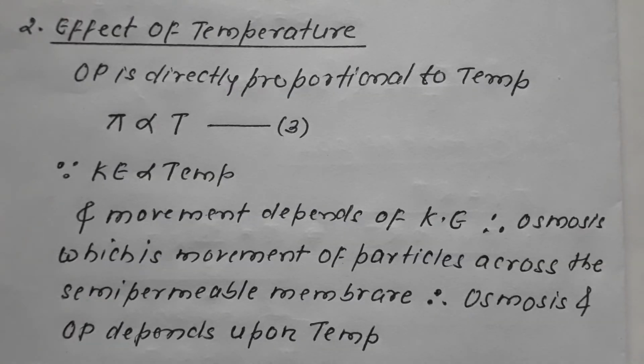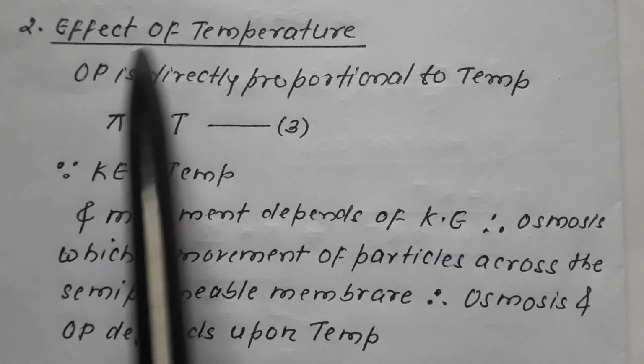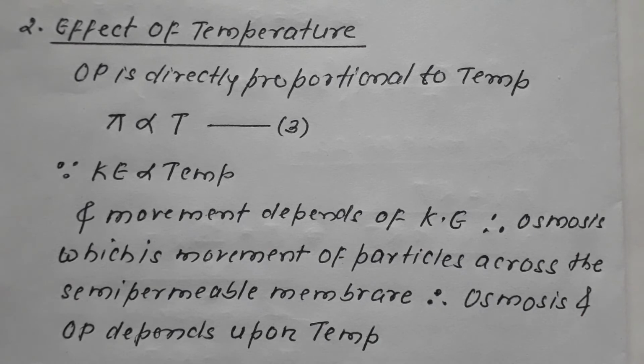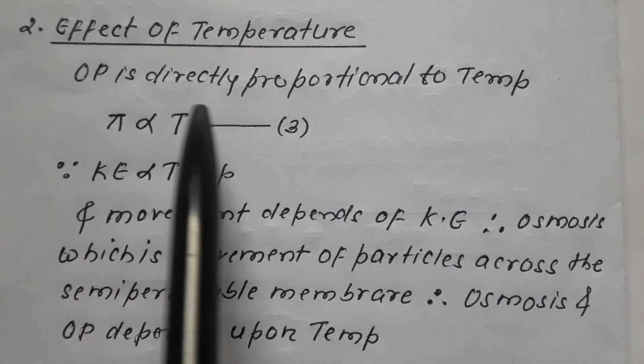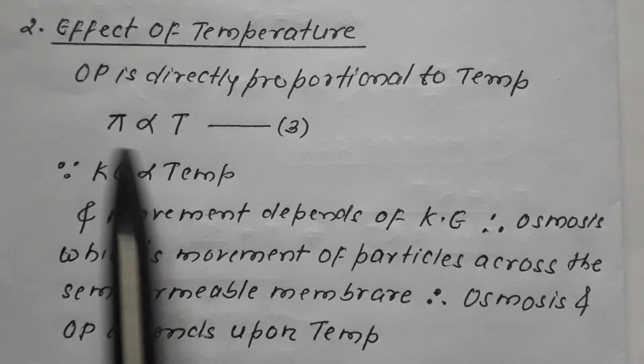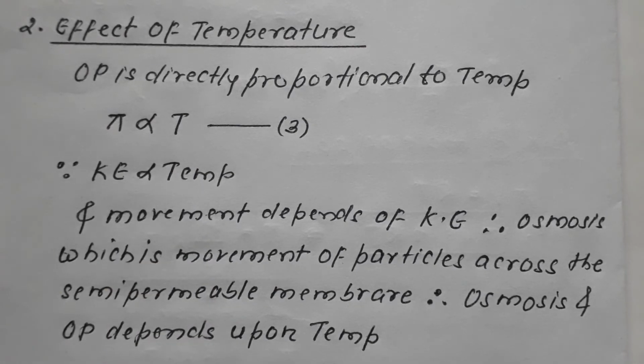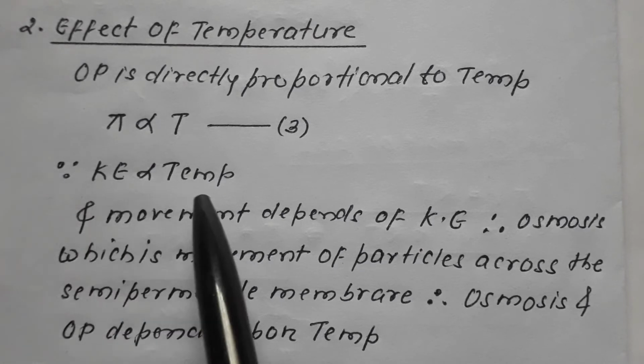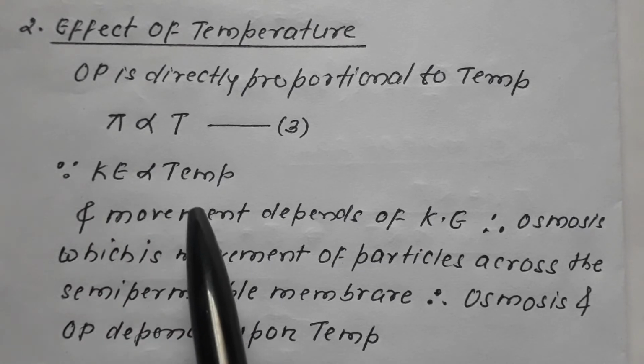The next factor on which osmotic pressure depends is temperature. Osmotic pressure is directly proportional to temperature. With increase in temperature, the osmotic pressure increases. Reason? Kinetic energy is directly proportional to temperature.